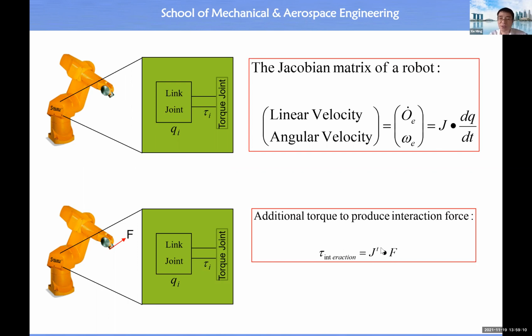The transpose of Jacobian times the required interaction force allows you to calculate what should be the additional energy released by the motor in order to contribute to the interaction. All right, so this will be the intended force for the robot to act on the environment.